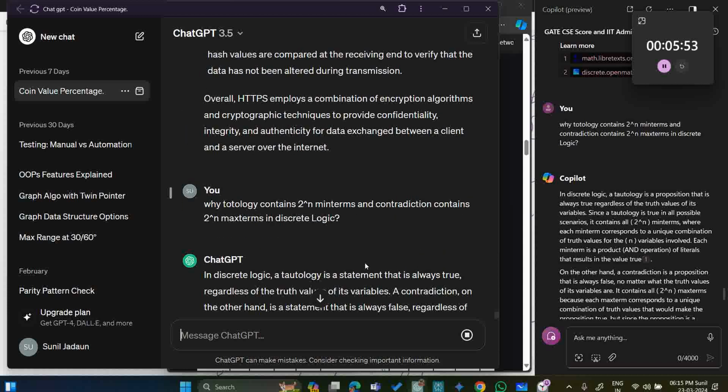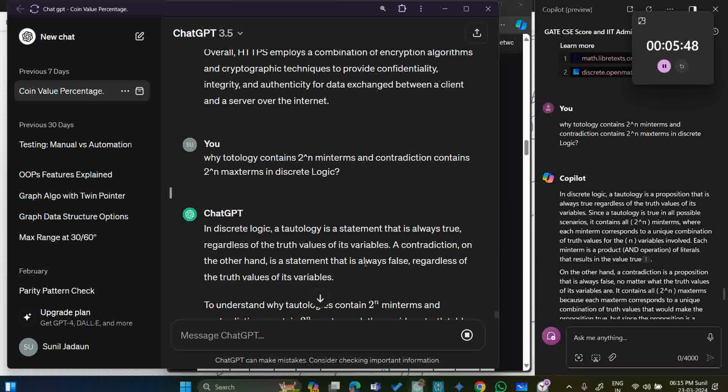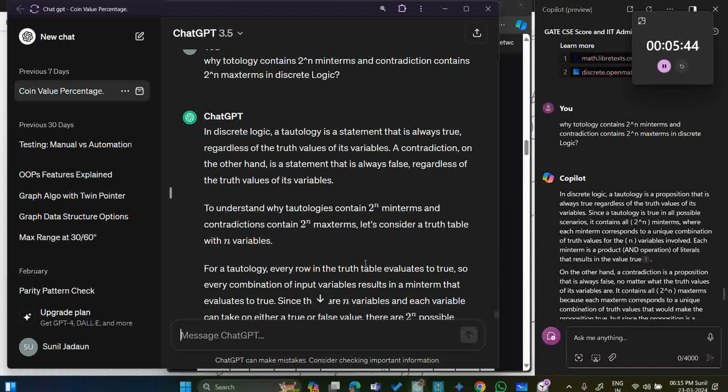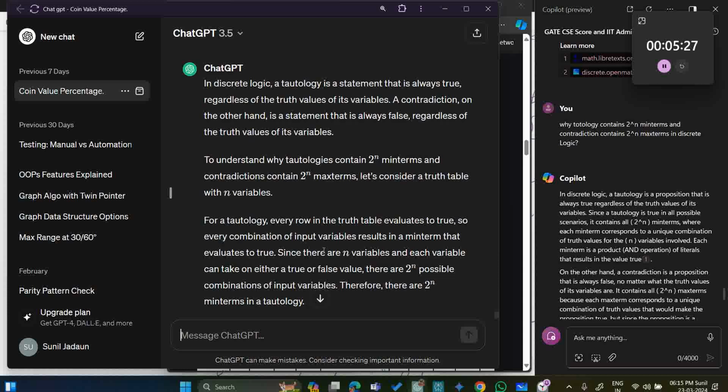Basically, a tautology is a statement that is always true regardless of the variables. A contradiction, on the other hand, is a statement that is always false regardless of the variables. To understand why a tautology contains 2^n minterms, consider a truth table with n variables. For a tautology, every row of the truth table evaluates to true, so every combination of input variables results in a minterm that evaluates to true.